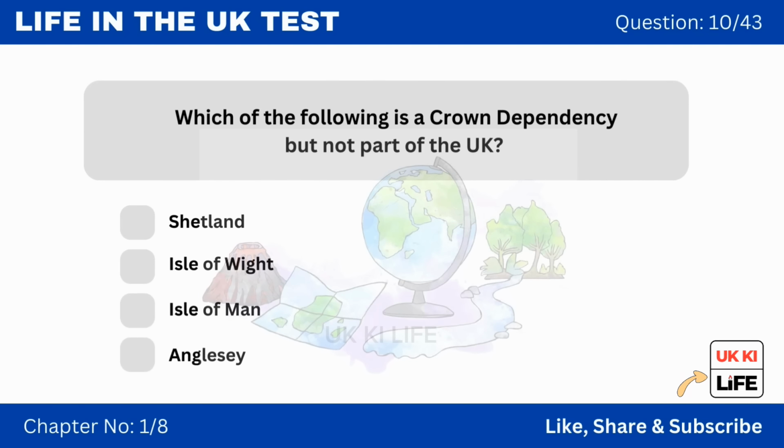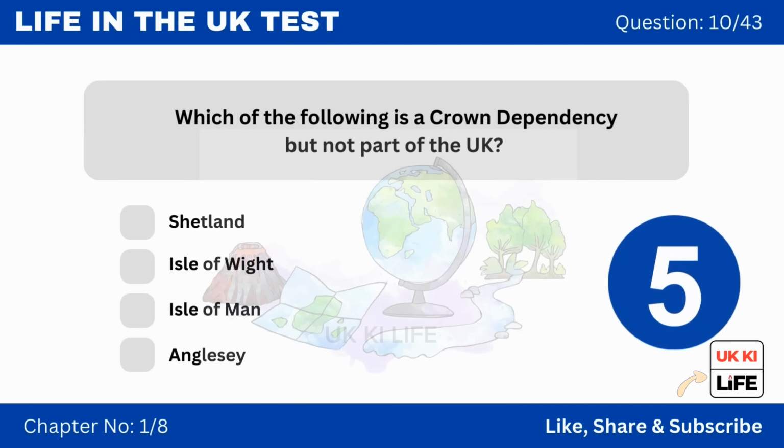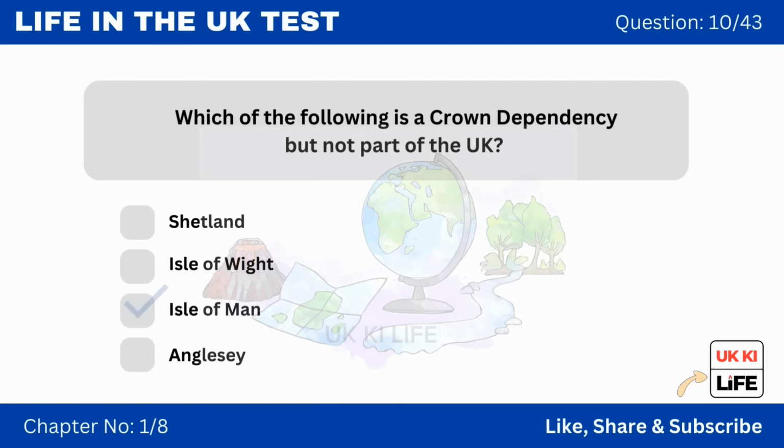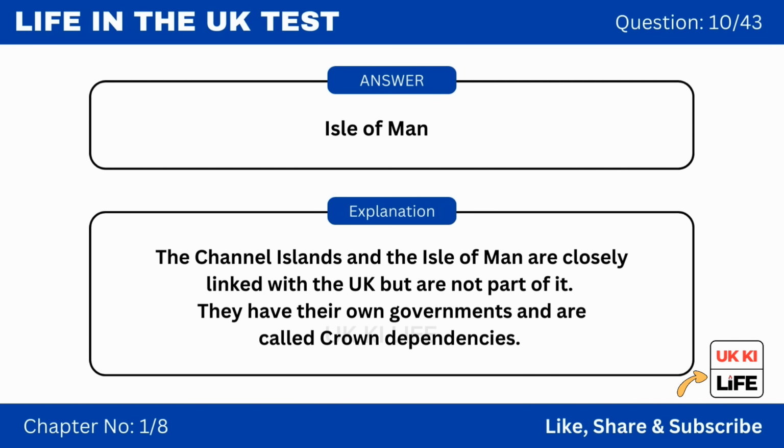Which of the following is a Crown dependency but not part of the UK? Shetland, Isle of Wight, Isle of Man, Anglesey. The correct option is C. Explanation. The Channel Islands and the Isle of Man are closely linked with the UK but are not part of it. They have their own governments and are called Crown dependencies.